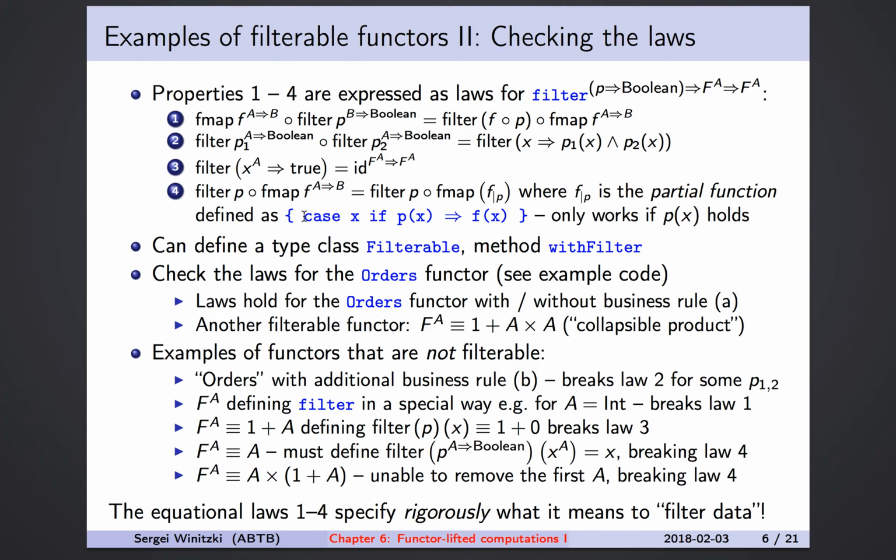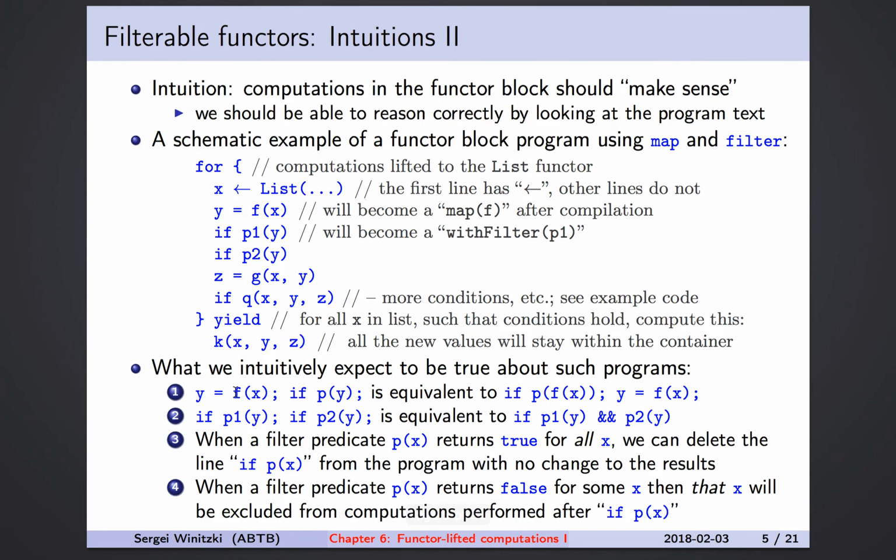For instance, we write the first law like this. We say, whenever there is a function f and a filter condition p, such as here, the function f and the filter condition p, then we look at how this part of the functor block program will be translated by the Scala compiler into the map and filter.